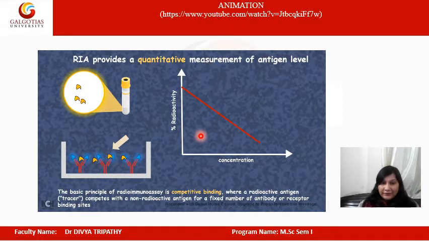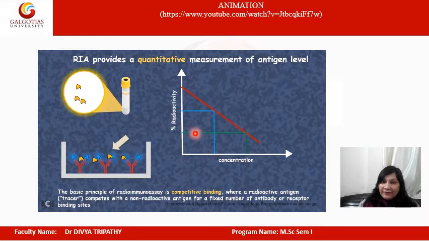A nice plot could be derived from that, which is a linear regression. By extrapolating this plot, and based on the standard curve, we can get an accurate value of the concentration of antigen in the patient's sample.